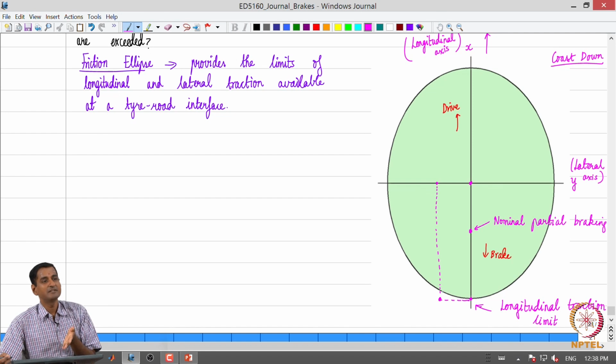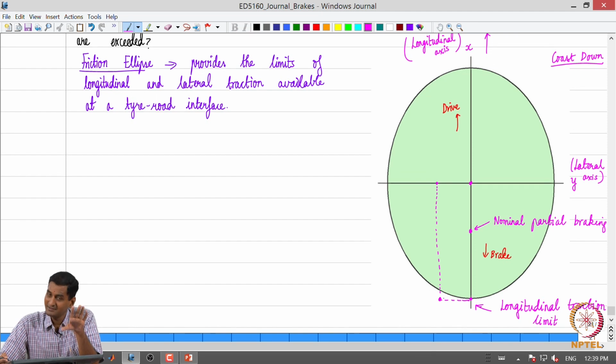In this scenario, at this particular tire road interface, it does not matter if it is the front or the rear, I have gone outside the ellipse. That means my tire road interface will no longer be able to sustain the force that I am demanding, both along the longitudinal and lateral direction.